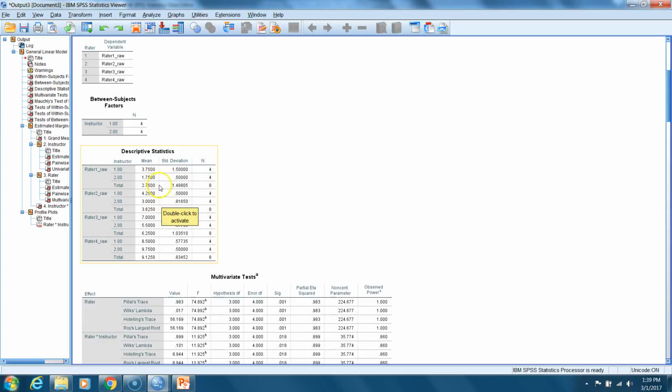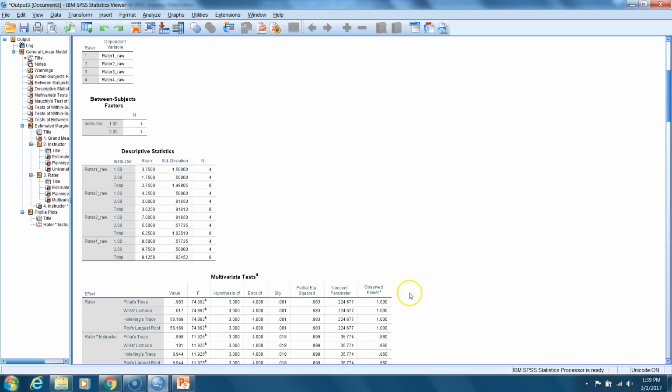So I can look at the difference at rater 1 between instructor 1 and instructor 2 and say just, that looks kind of big. I'm not sure if it's significant, but there's a 2-point difference there. And possibly here, there's a 1.5 difference here. But there may not be any sort of significant difference to that.